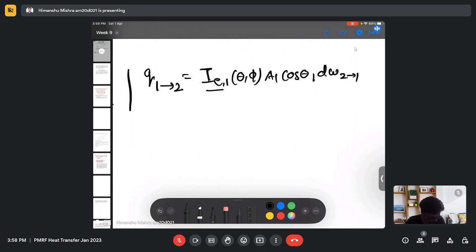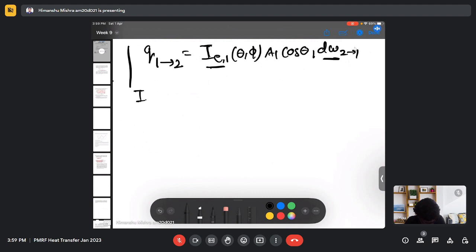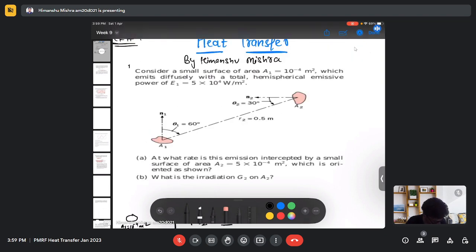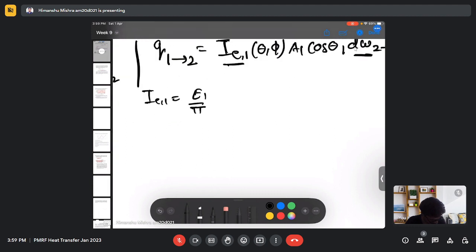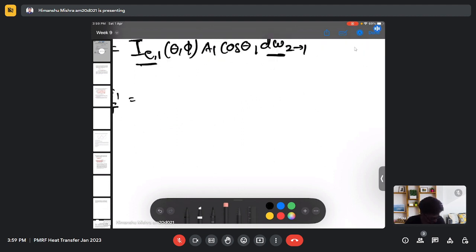So I need to calculate the intensity, diffusive intensity, and the solid angle here. So my diffusive intensity will be this. We already have given this diffusive emissive power, which is 5 10 to the power 4. Okay, let me just put in the equation 1 itself.